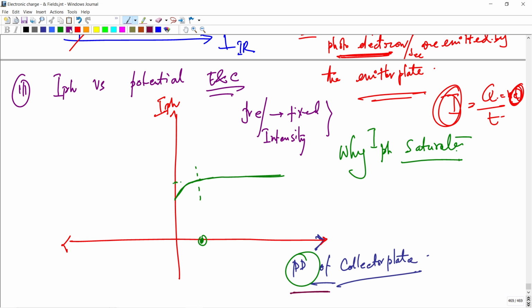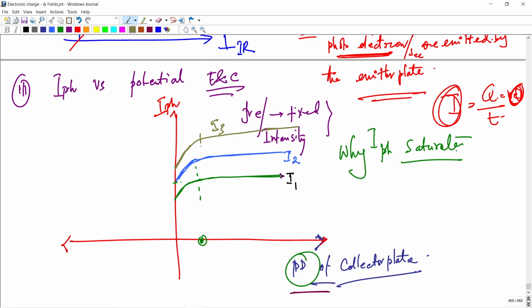Now, suppose the intensity of UV light is fixed at I1. Now we further increase the intensity of light, and the diagram looks like this; again at some value we get I2. Further increasing the intensity gives I3.